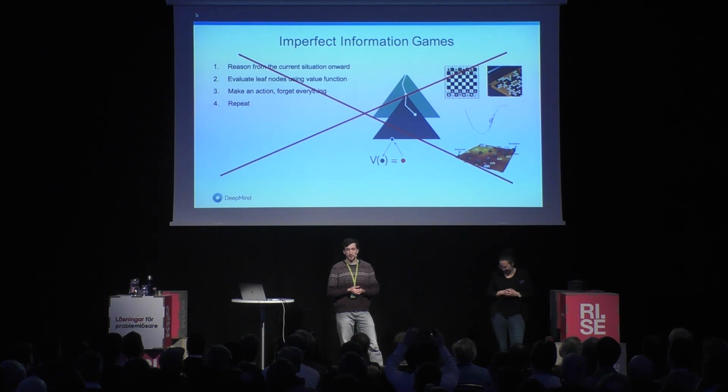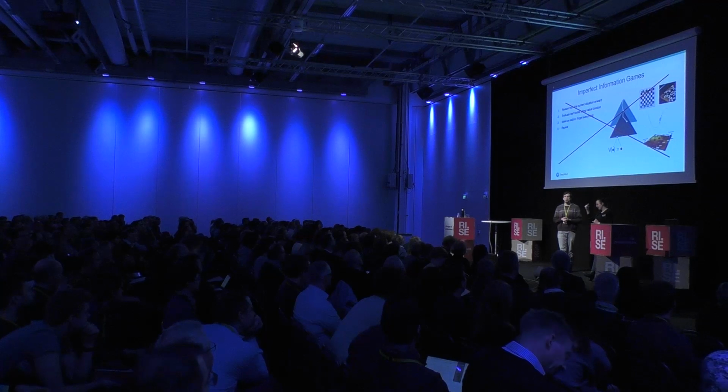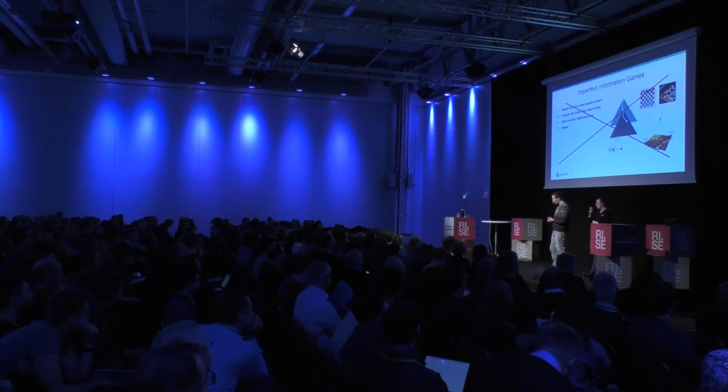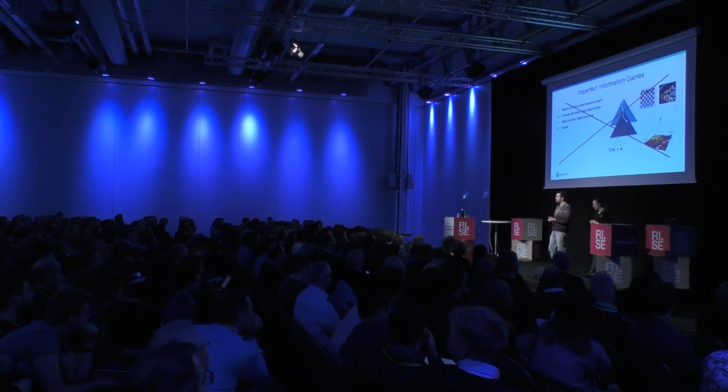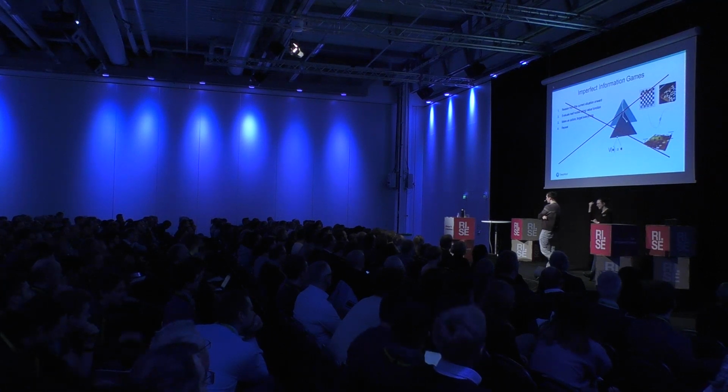So let's come back to the idea we dismissed previously, the idea of local search. DeepStack is all about fixing the idea of local search and bringing all the nice properties of local search back to imperfect information settings.